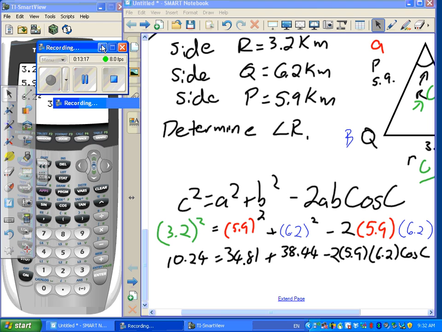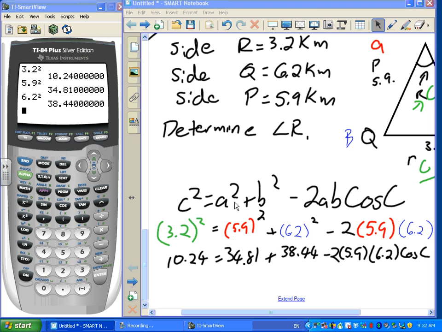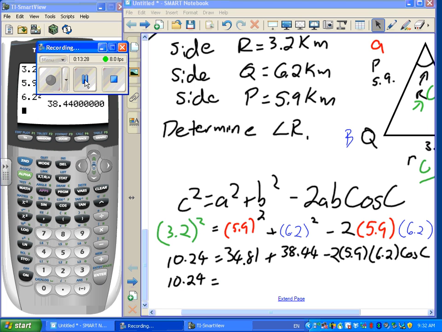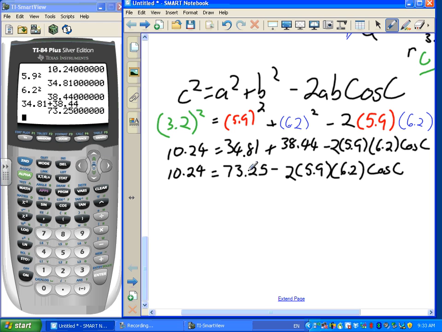Okay, so I've quickly squared everything. We're going to combine them quickly, keep solving here. So, 10.24 equals, okay, we have that written, 10.24 equals 73.25, subtract, and we'll show you how to do this part.